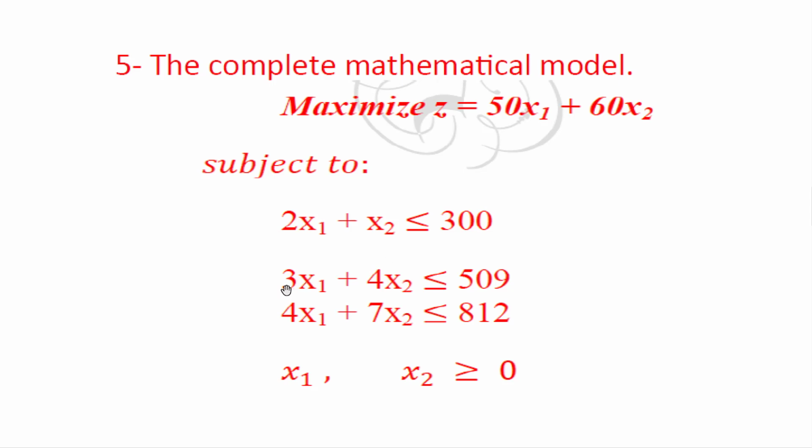Second constraint, 3x1 plus 4x2 less than or equal to 509. Third constraint, 4x1 plus 7x2 less than or equal to 812. And the non-negativity constraint, x1 and x2 greater than or equal to 0. This is the complete mathematical model for this question.